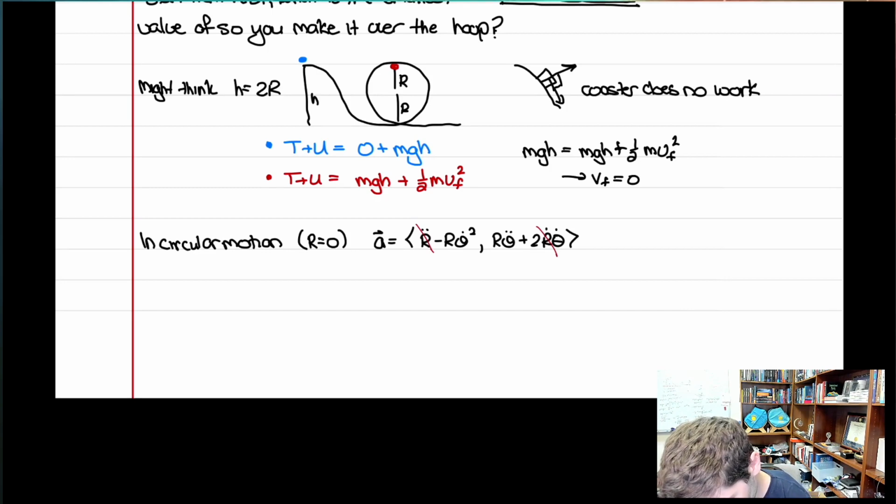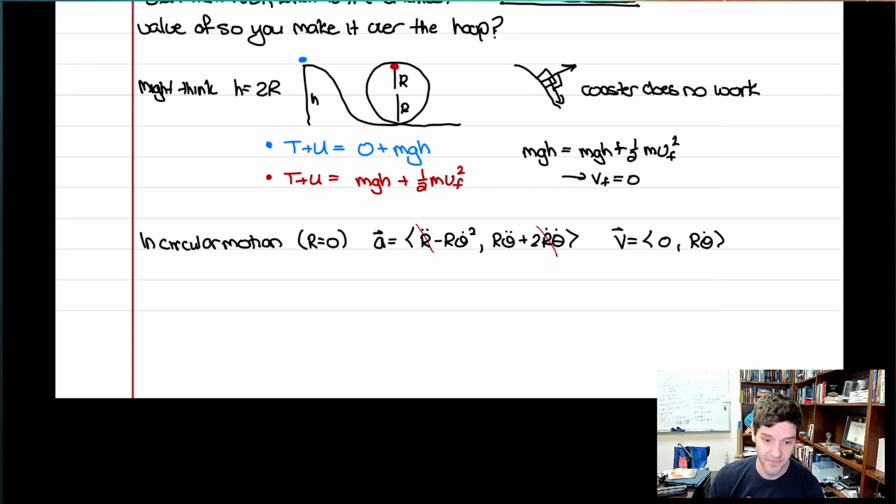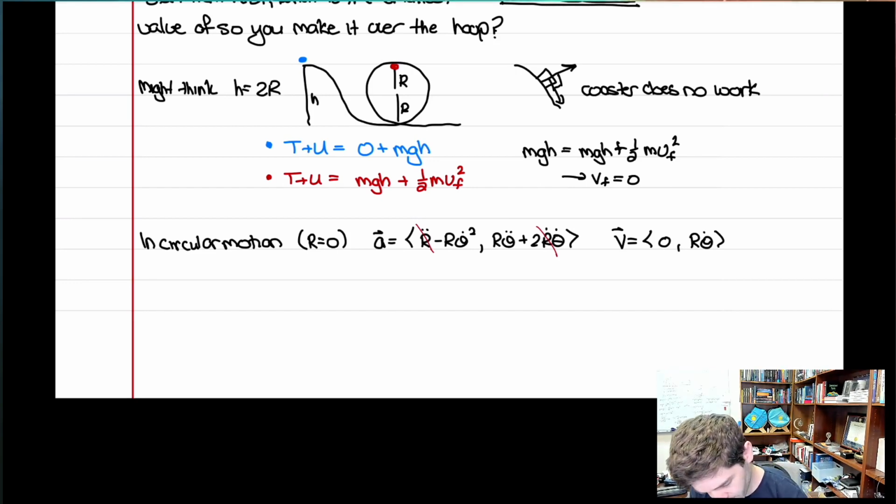We also know the velocity, if you're constrained to move in a circle, had better look like zero in the r direction and r theta dot in the tangential direction, but nothing in the radial direction, because it's not getting farther or closer to the center of the circle, but it is moving tangential to the circle.